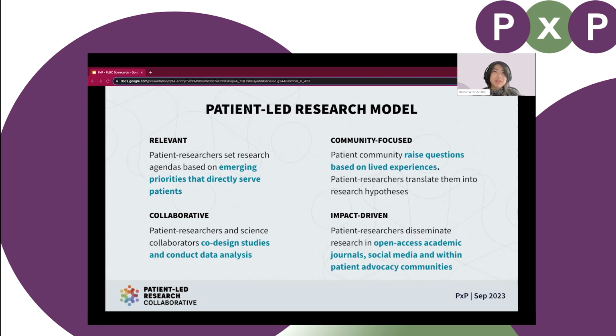That's the hypothesis journal, but also some of the papers we've written as well. And obviously, we prioritize impact. Patient researchers disseminate their research into open access academic papers that anybody in the community can open, share and try to understand. This helps to bring up the overall scientific knowledge of the patient community.